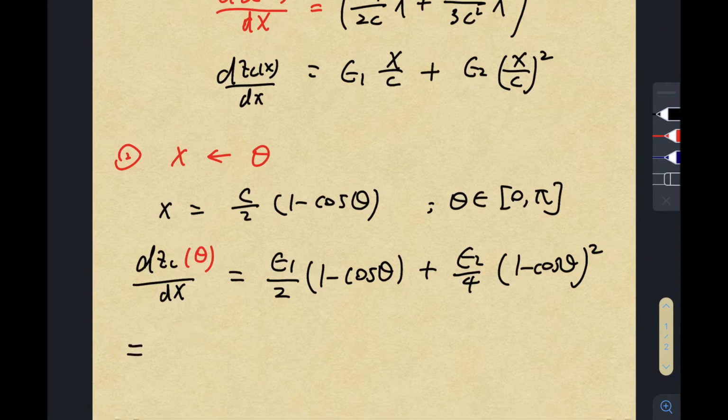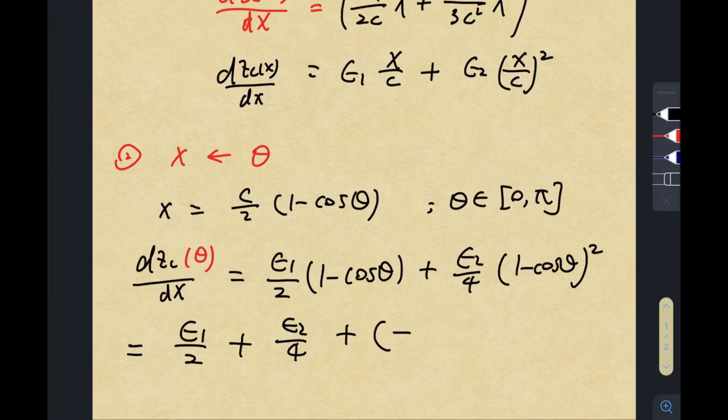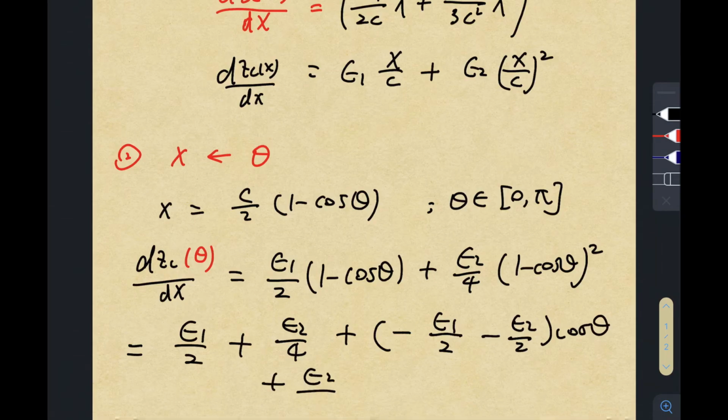If I expand this term, that's going to be epsilon 1 over 2 plus epsilon 2 over 4, minus epsilon 1 over 2 plus epsilon 2 over 2 times cosine theta, plus epsilon 2 over 4 cosine theta squared. Good. So next, once we get the slope, I'm going to arrange it a little bit, because we have a cosine theta squared.